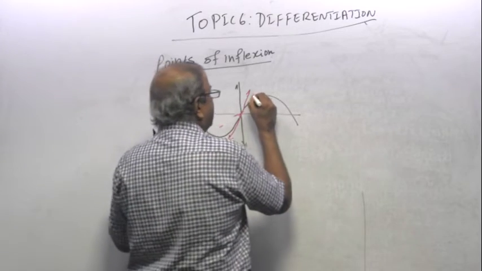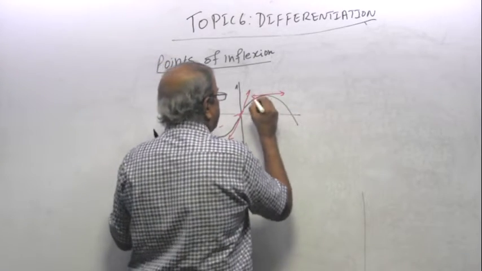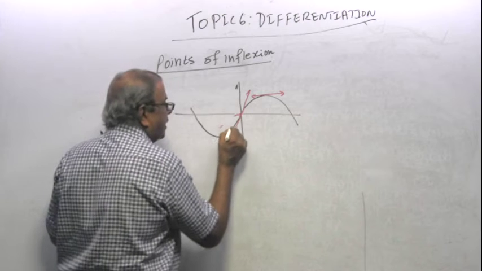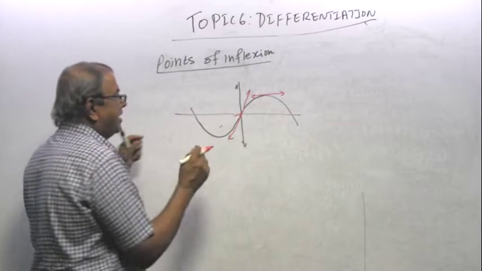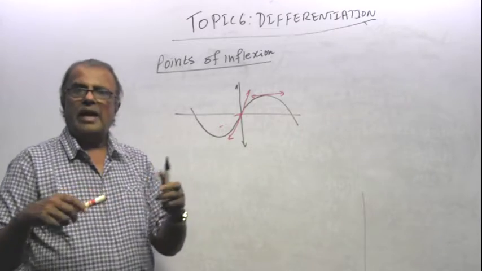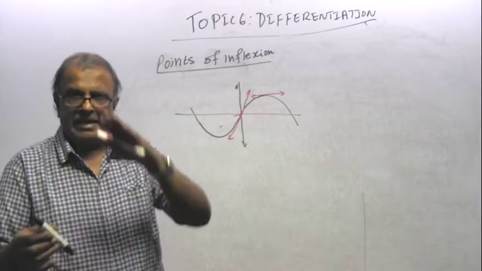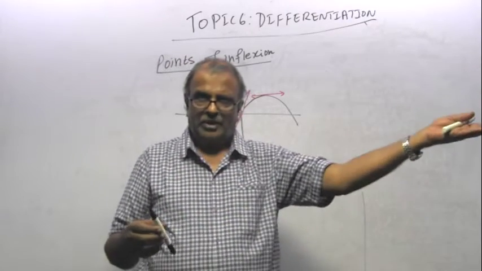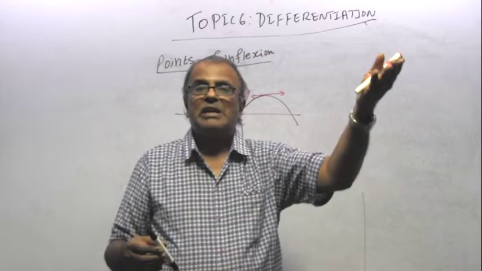Whereas if I draw the tangent here, it does not cross the curve. It still meets the curve at one point, but it does not cross it. So a point where the tangent crosses the curve is a point of inflection.